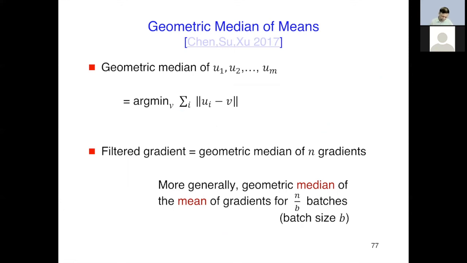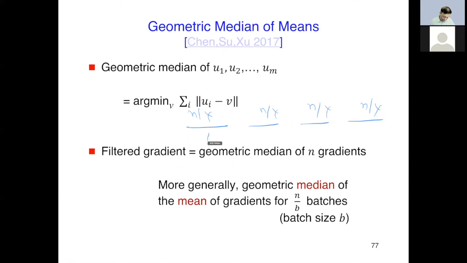In the simplest case, the filtered gradient is simply the geometric median of the n gradients. More generally, instead of taking the geometric median of the n gradients directly, we divide them into batches.